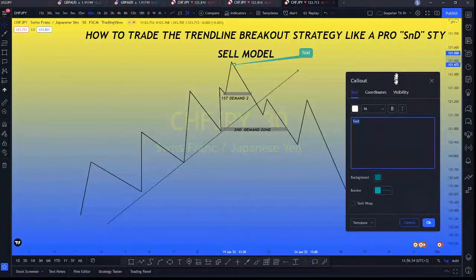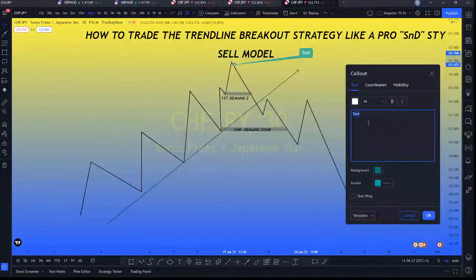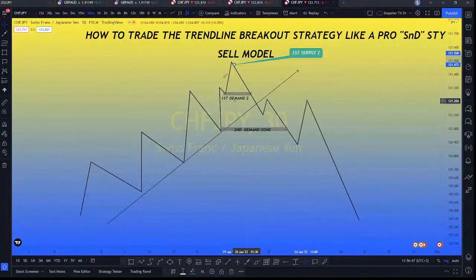So this is the first supply zone, which was responsible for consuming the first demand zone. This is the supply that pushed the price down and consumed this demand zone.